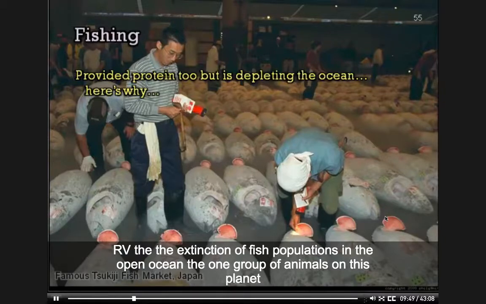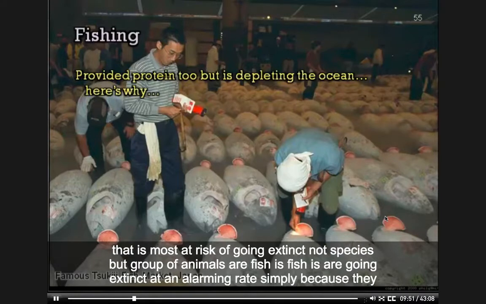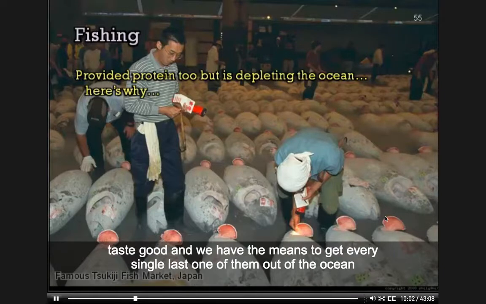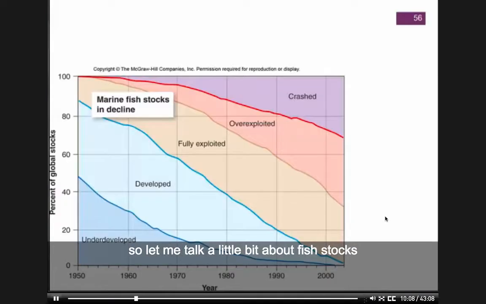The one group of animals on this planet that is most at risk of going extinct, not species, but group of animals, are fishes. Fishes are going extinct at an alarming rate simply because they taste good, and we have the means to get every single last one of them out of the ocean. So let me talk a little bit about fish stocks.